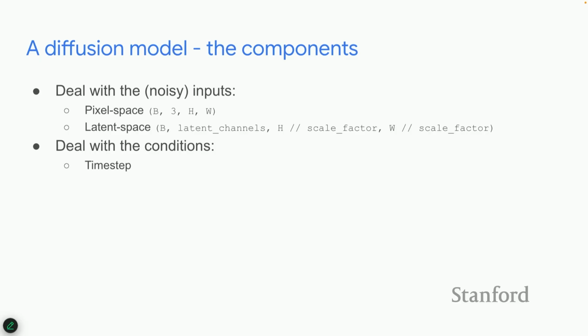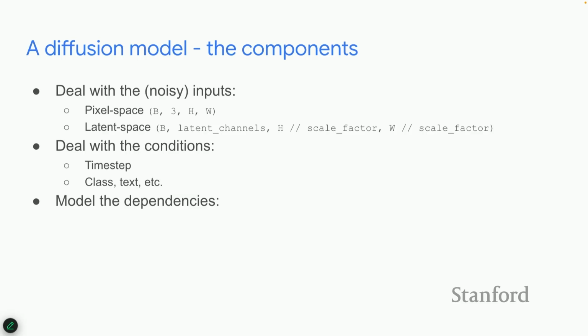That's why the time step is also a very crucial condition, because it basically tells the model which point in the trajectory it's in. Should it denoise less? Should it denoise more aggressively? And so on. And then you have other forms of conditions such as class, maybe tiger, bird, or just natural language.